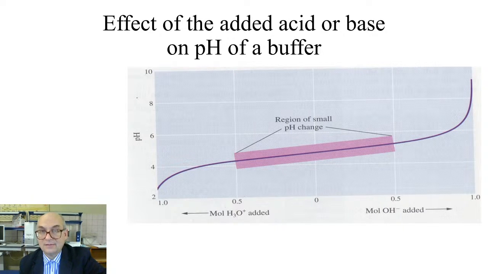The red area on this graph is the area where our buffer is effective. But if the amount of added acid or alkali is larger, the graph shows that pH change is dramatically increased. In this case, buffer effectivity is not appropriate.